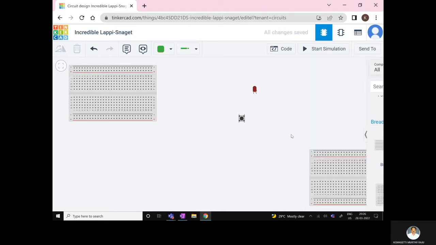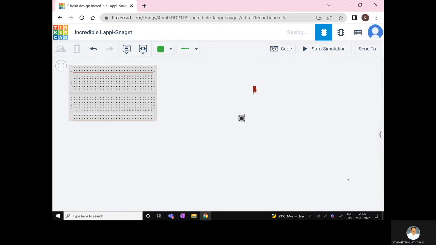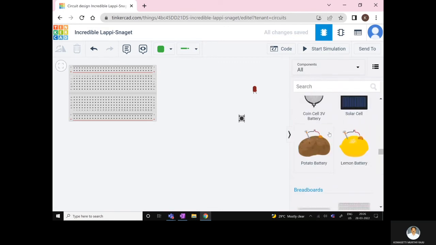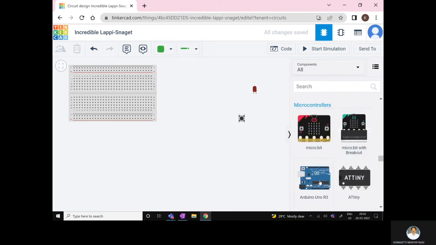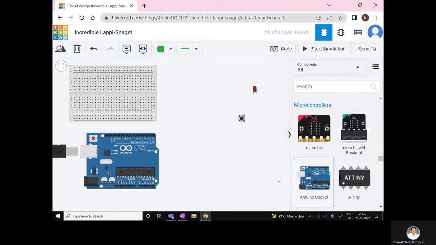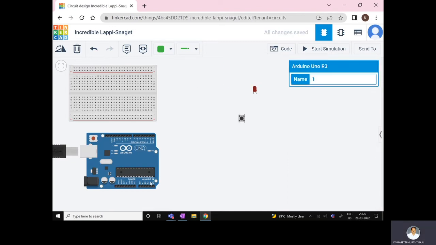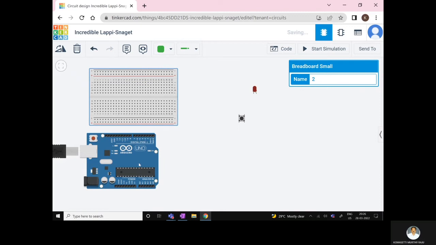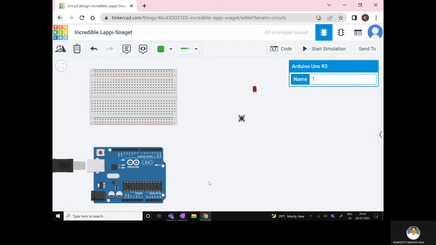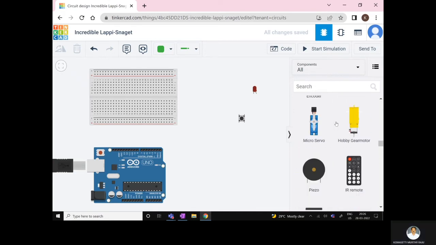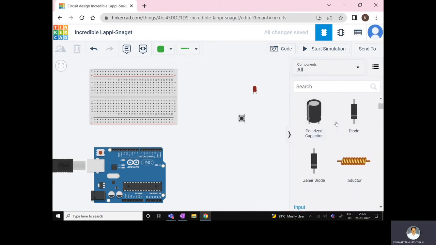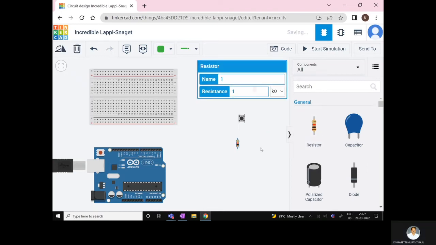Next one, Arduino board. Pick up the Arduino board here. Some resistance values are also important. Resistor, 220 ohms and 10k ohms. 220 ohm and 10k ohm resistors.